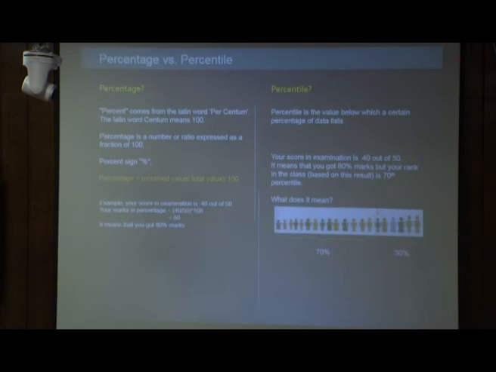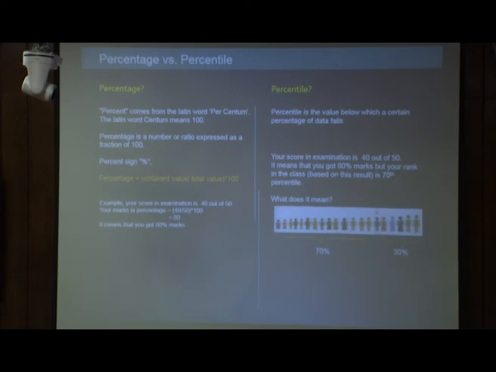Now again we are going back to the definition of percentile. So what is percentile? If we mention the 70th percentile, 70th percentile means this is a specific value in a data set, below that value 70% of data are there, above that value 30% of data are there. Now how can we make a generalized definition?